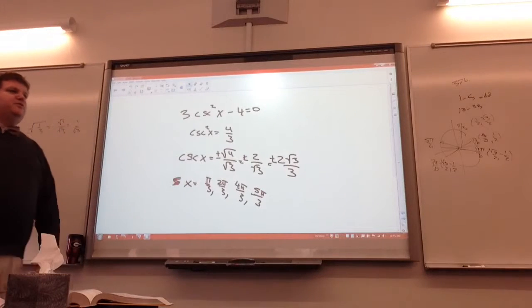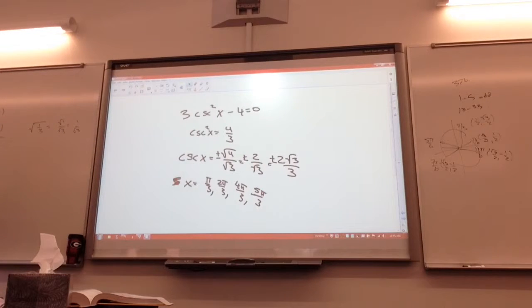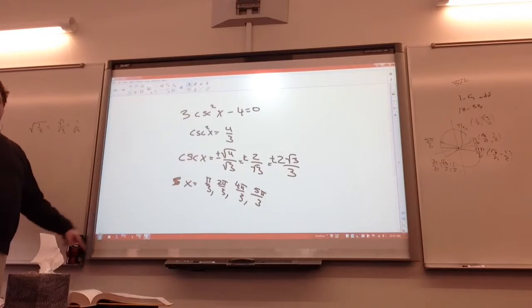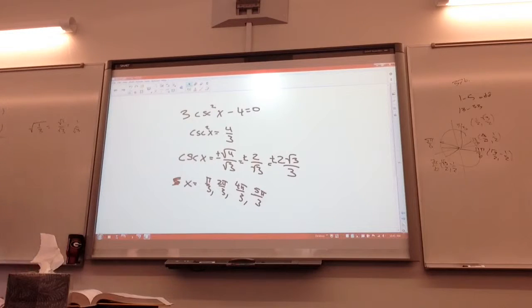And then it would just work as a regular sine problem. Again, we could always approach things like that, okay? Any questions there? It's about as weird as they're going to get with trigonometry, as far as arc sines, arc cosines, etc.